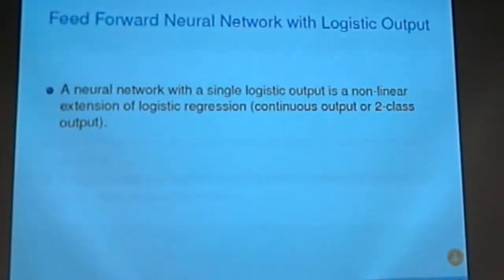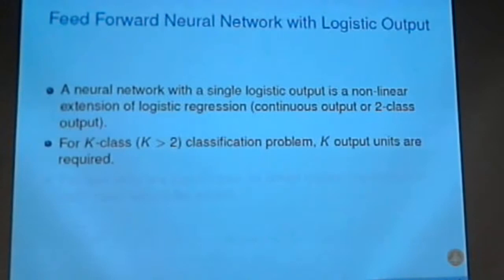In the 2 class case there is only 1 output neuron, which gives the difference between one class and the other class. For a K class classification problem, with K greater than 2, K output units are required. So this is what an artificial neural network is.